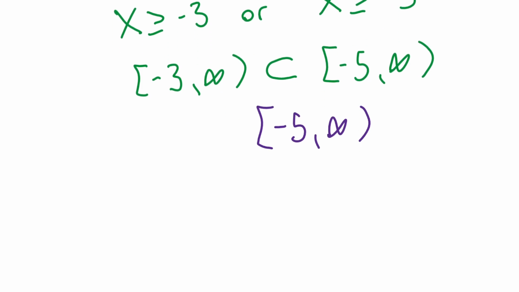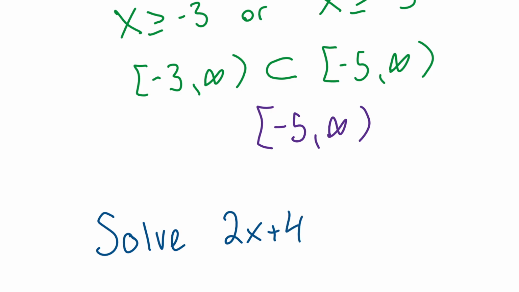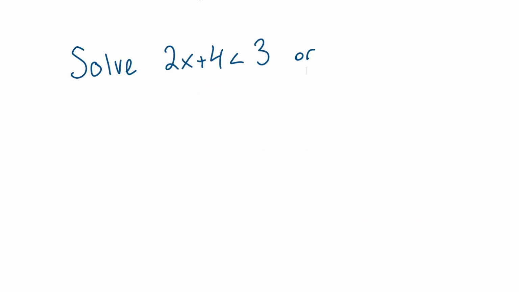So maybe we have the problem, say we want to solve 2x plus 4 is less than 3, or 3x minus 7 is greater than 5, let's say.